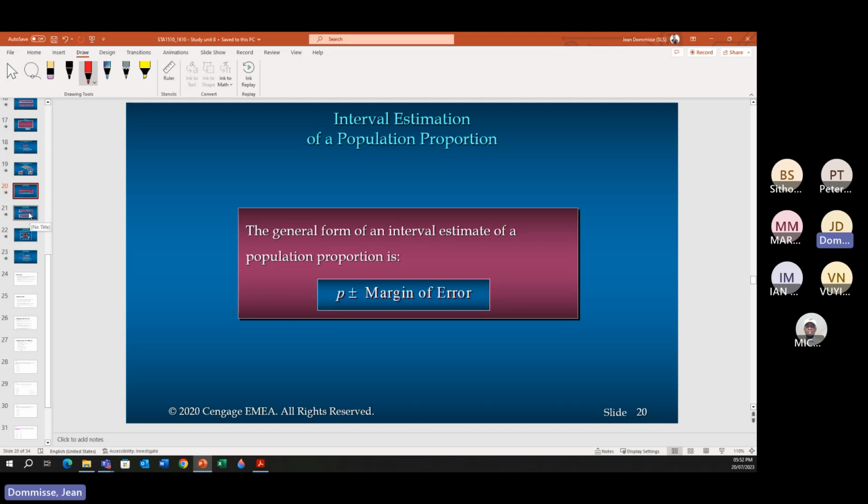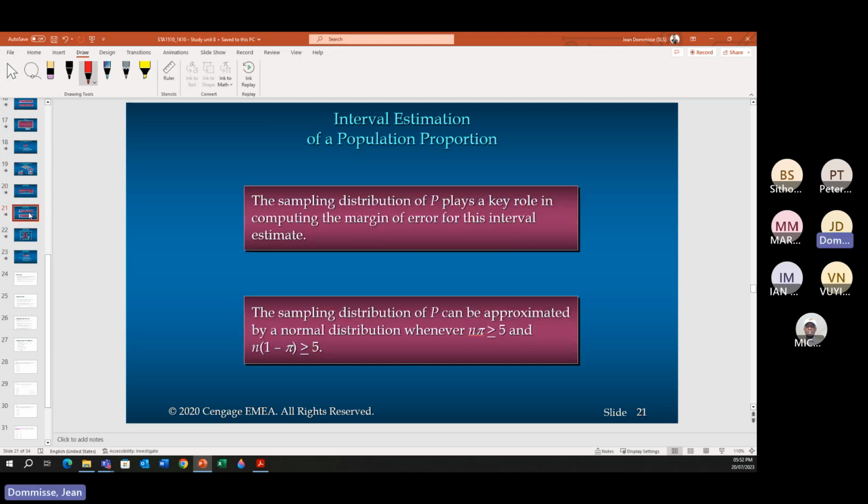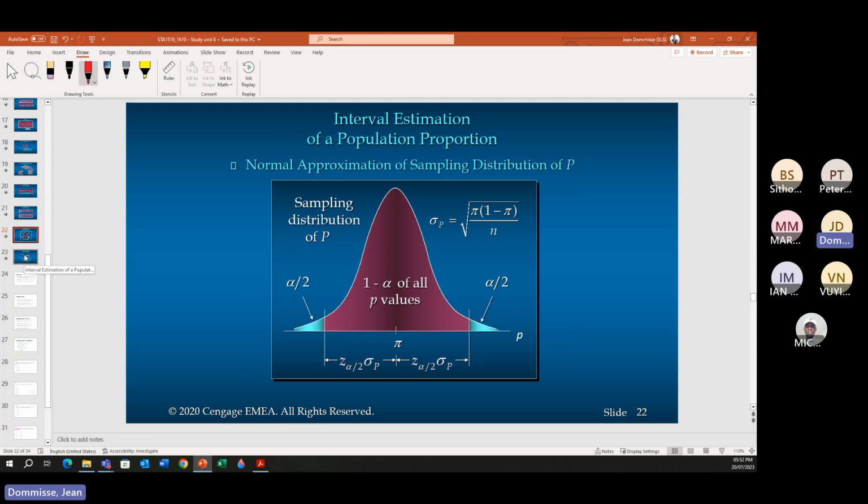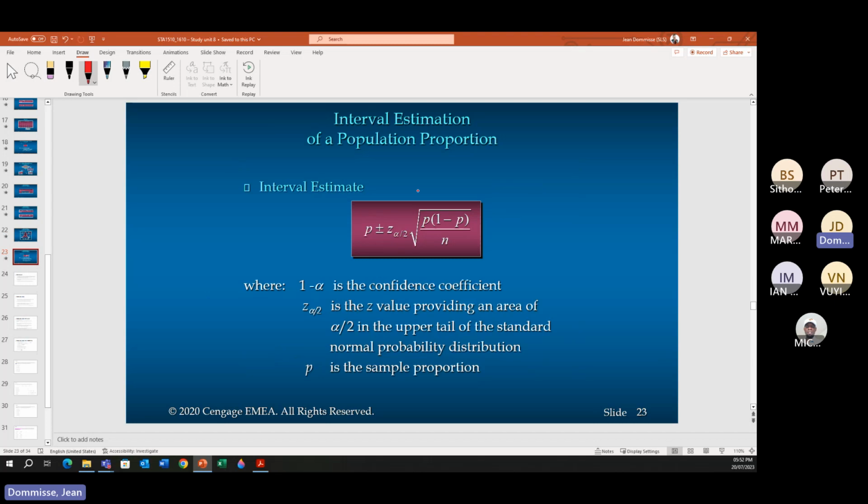And in this instance, again, when we looked at, what was it, chapter 7, or was it 6, we had the standard error for the proportion. So again, we will use that standard error in the formula. So it will be the proportion, plus or minus the standard error component, and then we will multiply that standard error with a Z value.